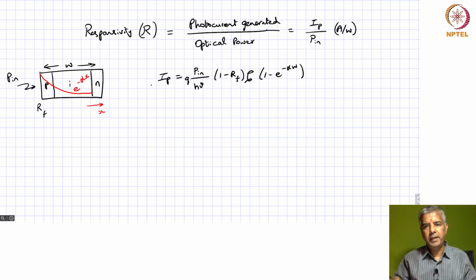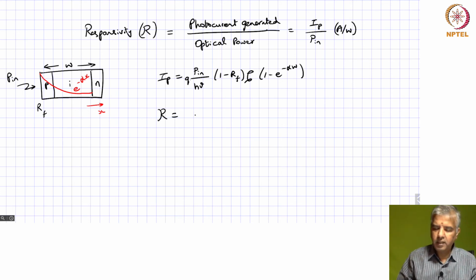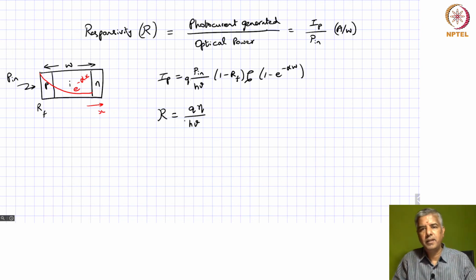If you want high bandwidth from your photodiode, you typically go for smaller W, but then the photocurrent you generate is relatively small. Looking at the responsivity, which is I_P over P_in, that is given by Q over h nu times these three factors, which I can combine into one factor that I call eta.